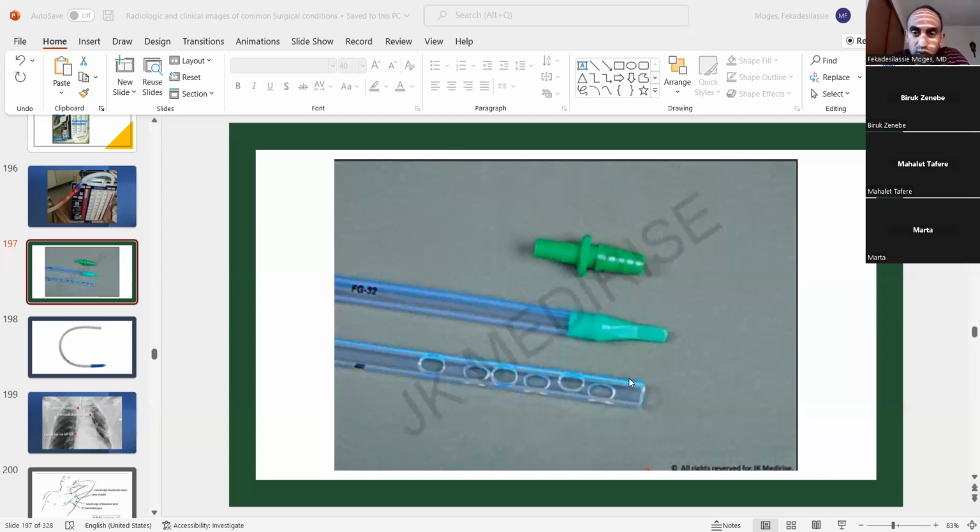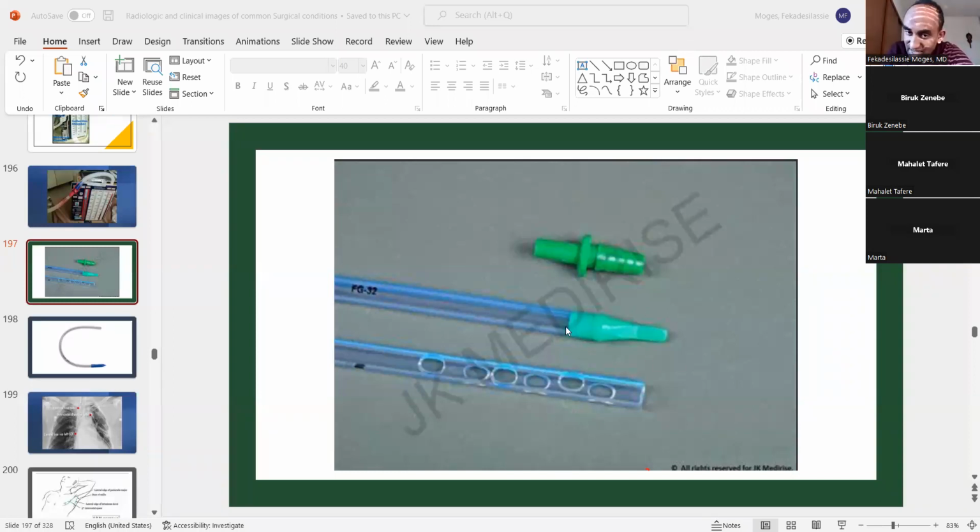All righty, what is this, guys? Your friend here. Now you see the difference between the rectal tube and the chest tube, right? Clear difference. I mentioned it.